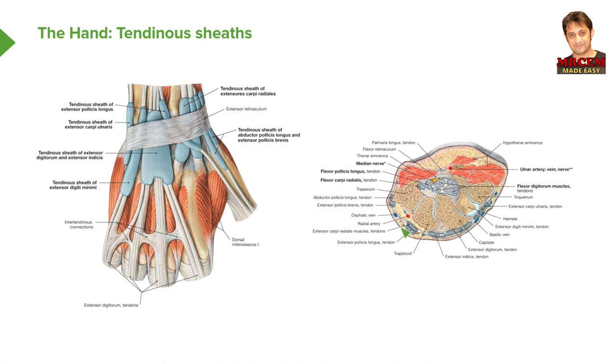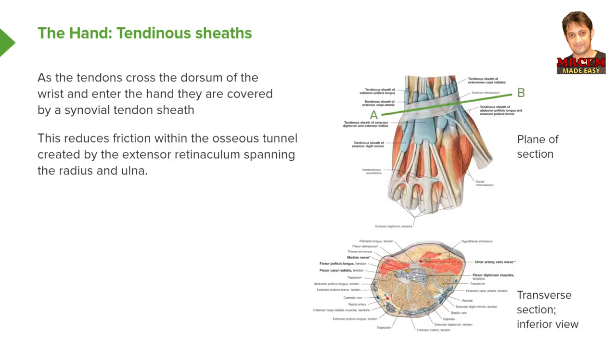But we can see we have the skin here, we have the extensor retinaculum running between the skin and these tendons. And these tendons are tightly held against the carpal bones. So we have these tendon sheaths so that the friction within these osseous tunnels is reduced.